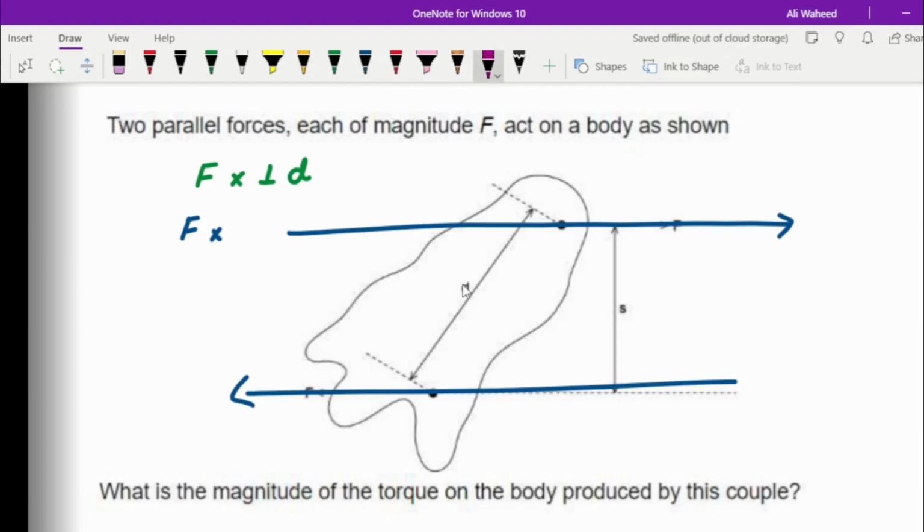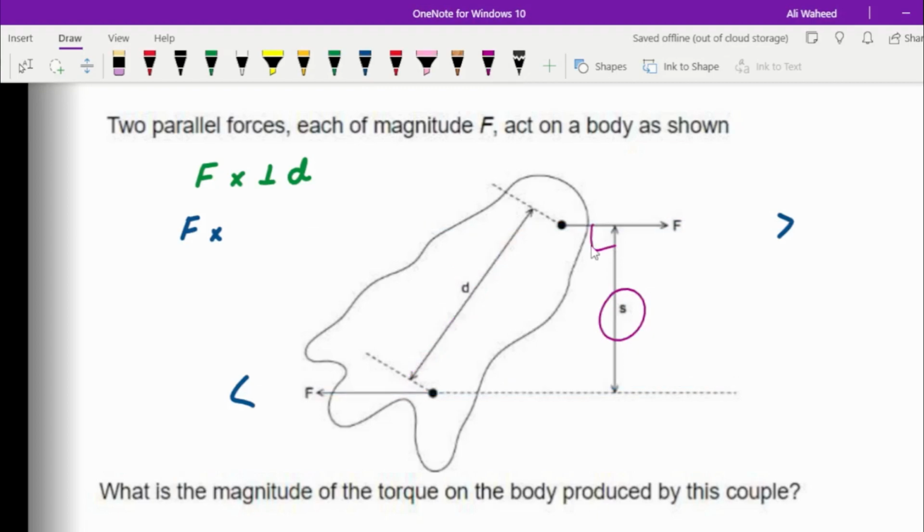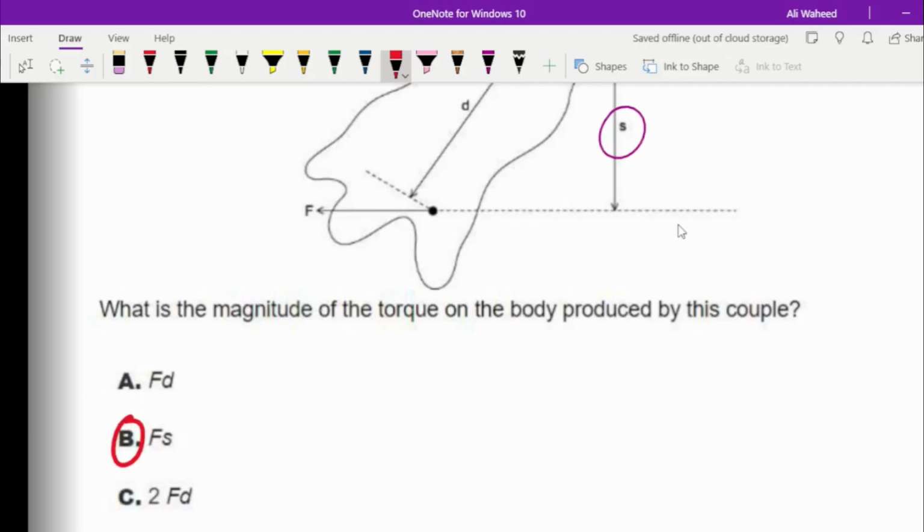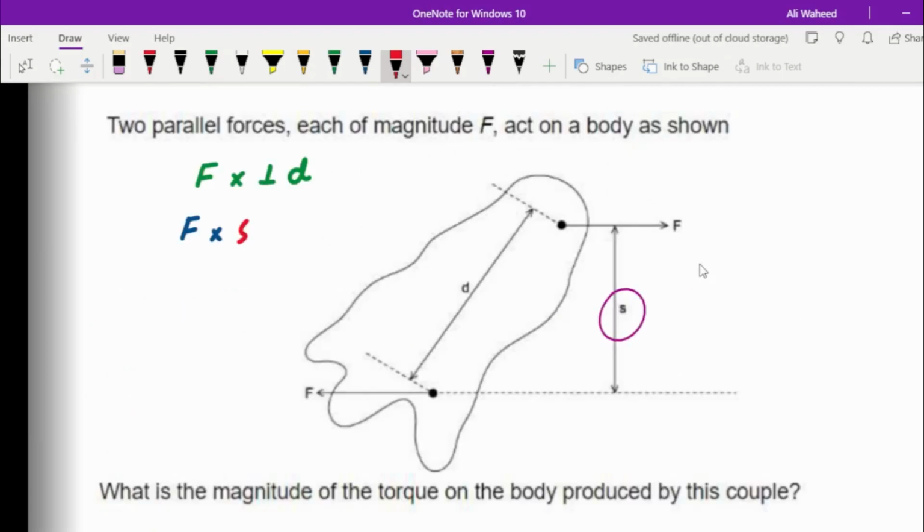One of the distances is represented by D. You see that distance from here to here is not perpendicular to the forces, rather the distance S is perpendicular to the forces. So S is the perpendicular distance between the forces. So we'll use that one for the calculation of couple. So it would be F times S. So from the options, we'll be choosing the option B, which is F times S.